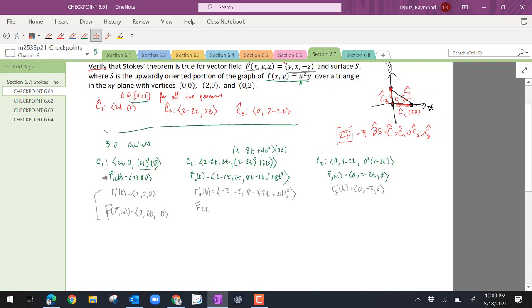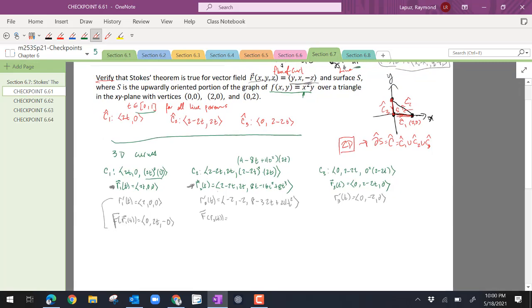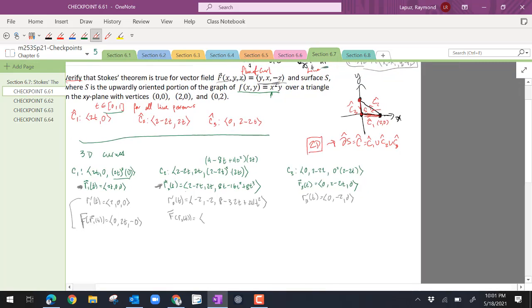F of R2 of t, and we're using R2 of t in the f function. So the f vector field gives a y component first, and the y component is 2t. It gives the x component second. That's 2 minus 2t, and then it gives a negative of the z component. So that's 8t minus 16t squared plus 8t cubed.